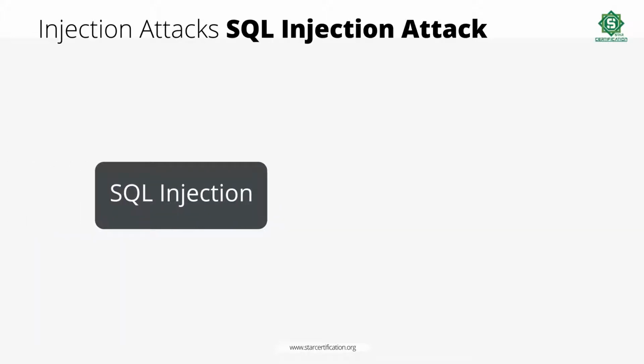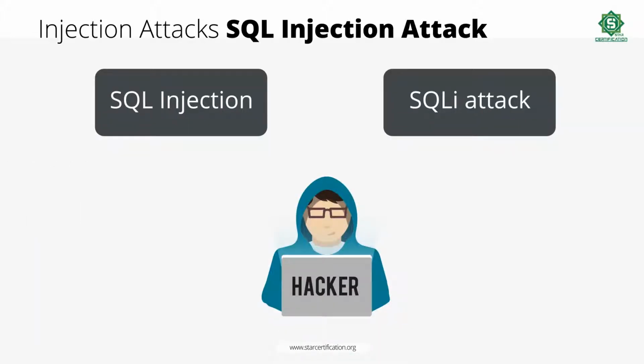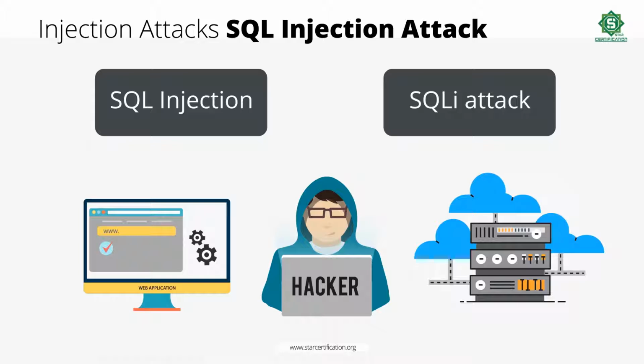In an SQL injection or SQLi attack, an attacker executes malicious SQL statements that control a web application's database server. An attacker uses a normal web application, which is vulnerable, and bypasses the security levels to obtain direct access to the vulnerable data stored in it.